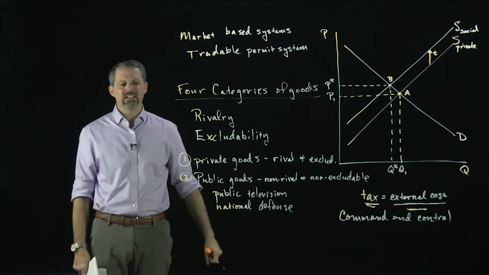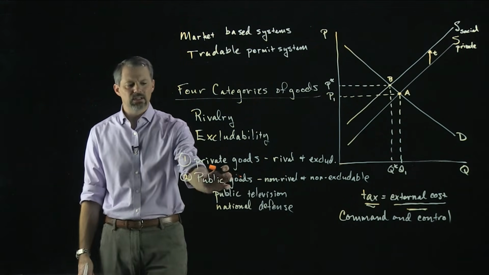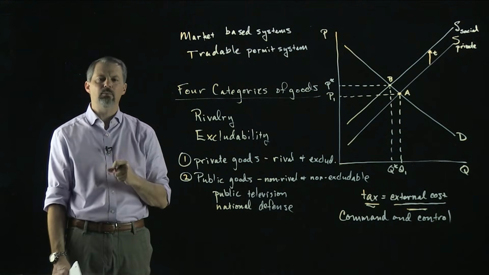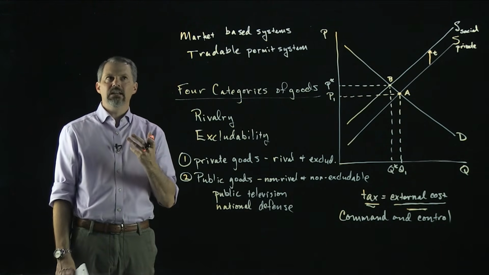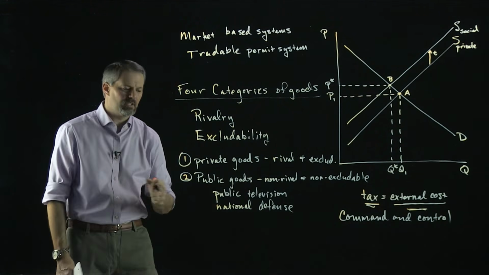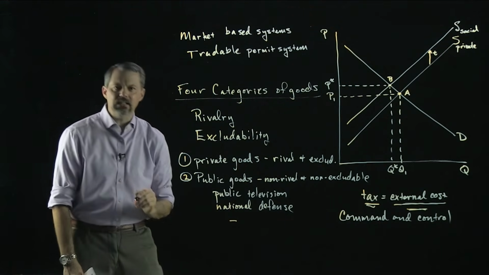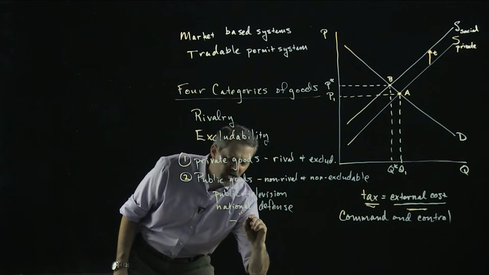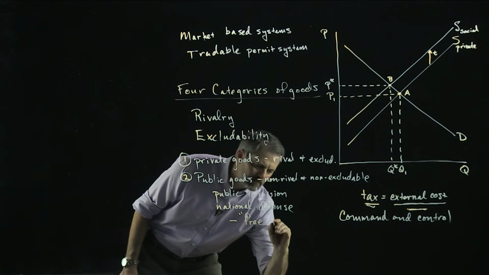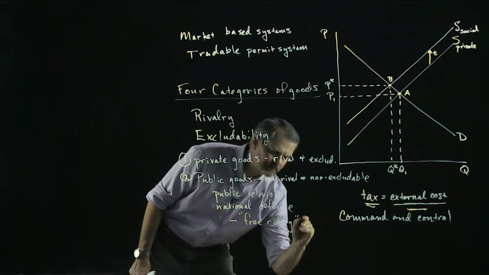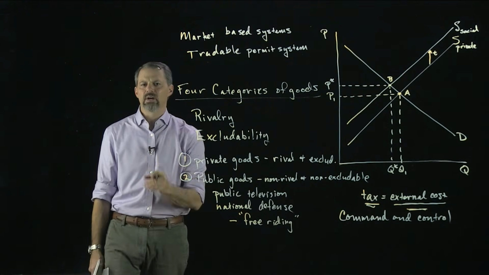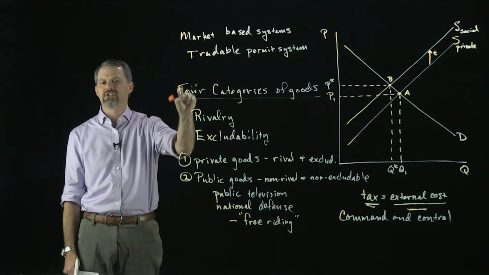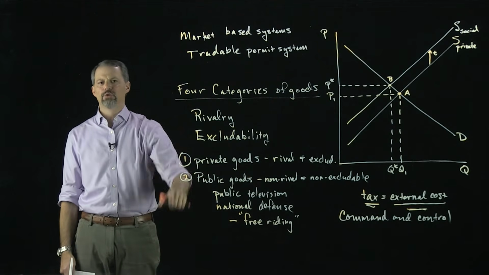Here's what we tend to see in this type of situation. With public goods, we tend to see that the free market doesn't result in the right production of it. And the main issue here is that there's a lot of what we call free riding. So if you've ever watched public television and not sent a check in, what you were doing is free riding.